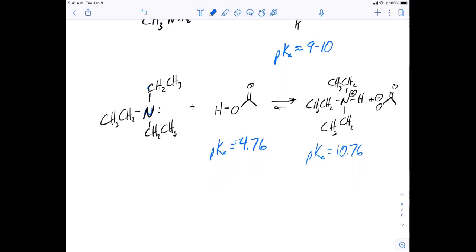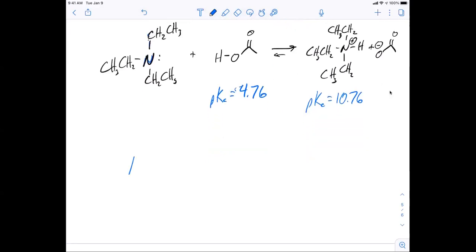So if we look at these versus, say, an alcohol deprotonating something or water deprotonating something, those would be much more acidic, right? So the pKa's of those would be down in the range of 0. Here we're looking at around 10.